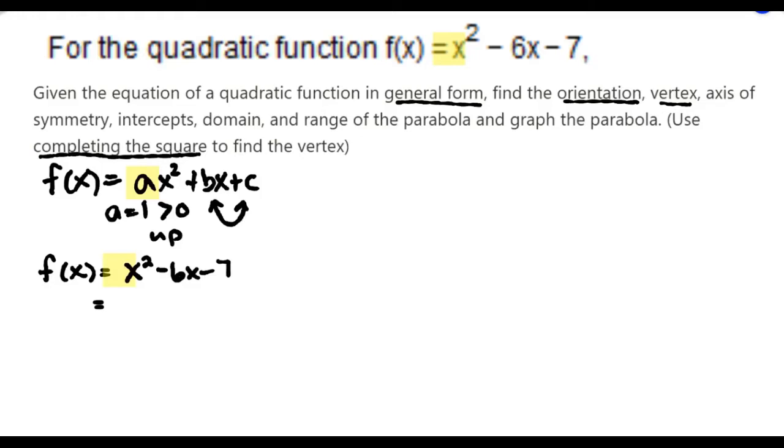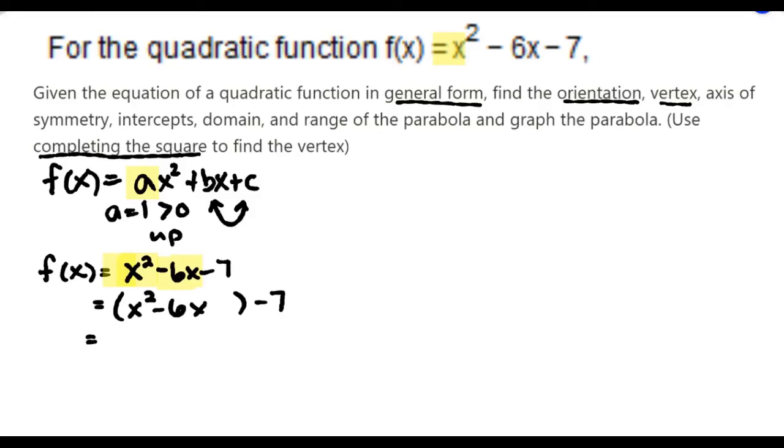In this example, because we have a coefficient of 1, we don't have to do this step, but if there is a coefficient there, you want to factor it out of both the x terms. And you're going to leave that constant alone, and you're only going to group your x terms together.